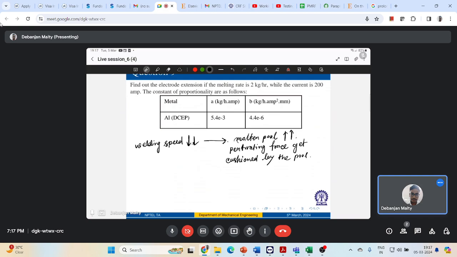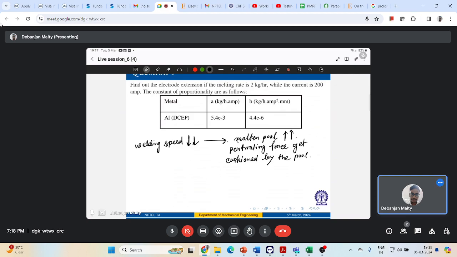But at the same time, the energy consumed by the electrode reduces the power delivered to the arc, which is transferred to the workpiece. Because my electrode is melting and consuming energy which should be transferred to the workpiece, my workpiece will get less heat, and because of that it will decrease the weld bead width and the penetration depth.